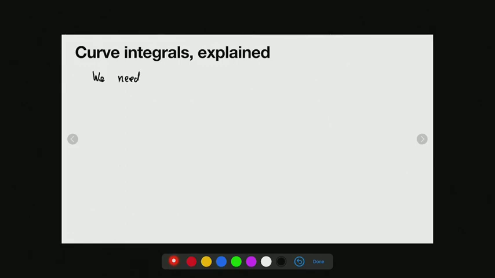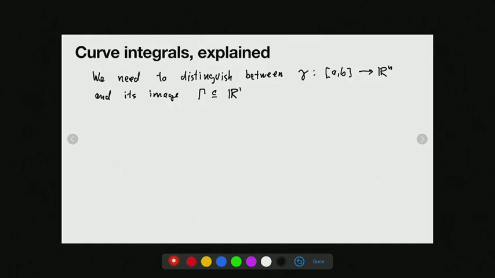Generally speaking, we need to distinguish between small gamma, the parameterization of the curve, say gamma going from A to B into R to the n, and the image of the curve, the geometric object itself, which is described by this parameterization. Remember, we called that image capital gamma, which is some subset of R to the n, some one-dimensional curve that floats through R to the n.